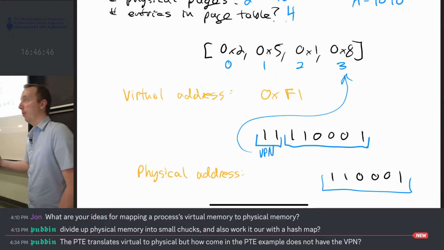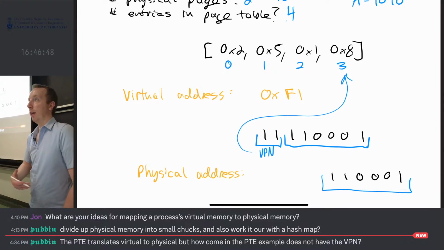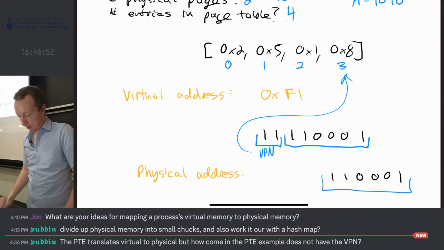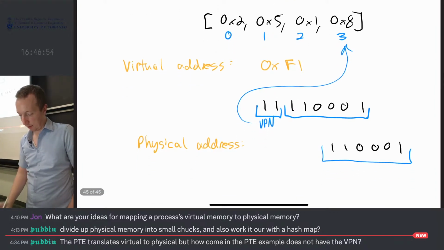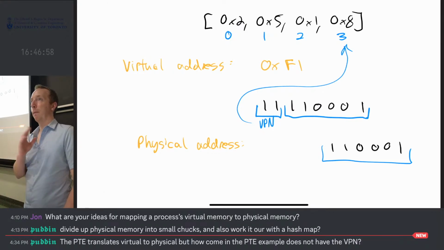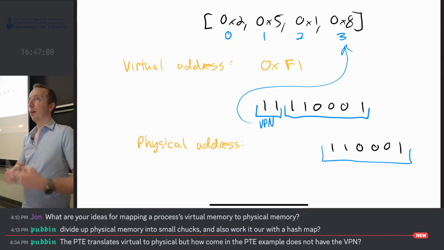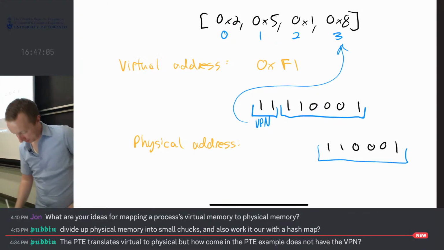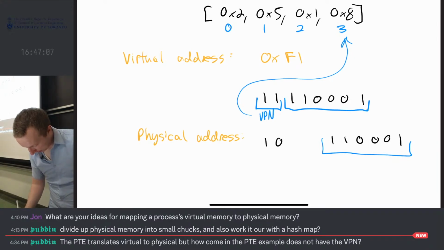So instead of the virtual page number, I just write the physical page number as indicated by this page table. So what is 8 in binary? Yeah. 1, 0, 0, 0, right? 3 zeros. So we just write out 8.